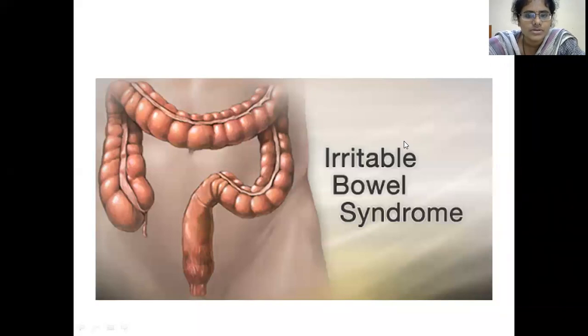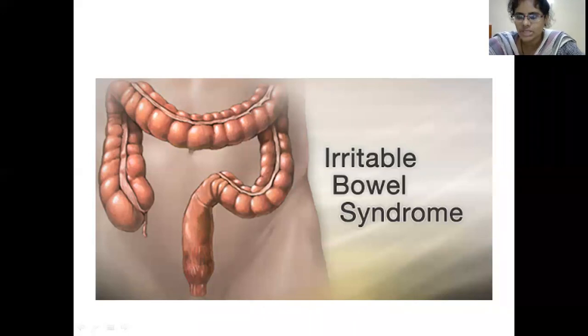Someone had asked me, is loperamide used for bloody stools?